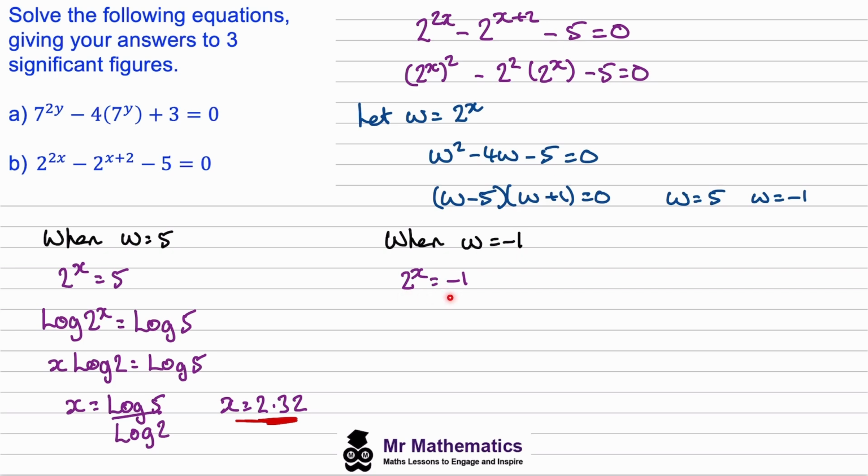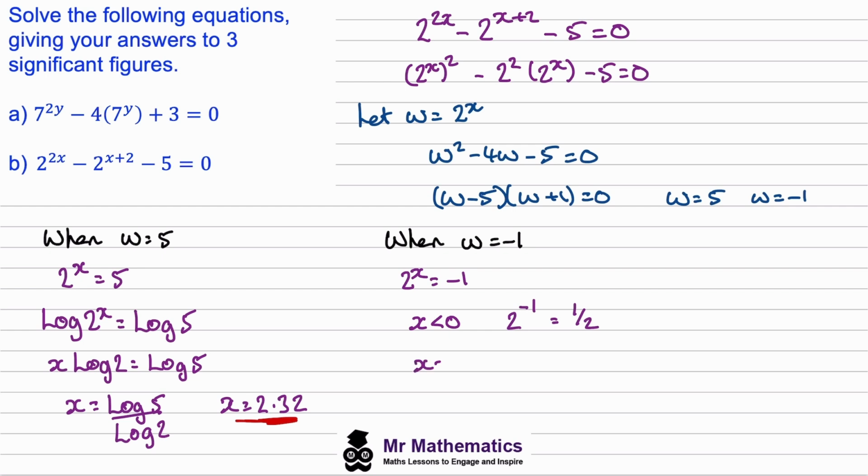And this isn't a possible solution, because when you raise 2 or any value to a power, if this power is negative, so it's less than 0, we'll have 2 to the, let's say, negative 1. And all this negative does is convert this to a fraction. So it remains positive, it's just a fraction.